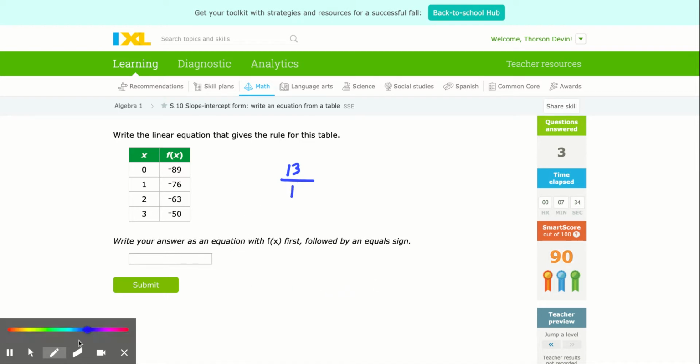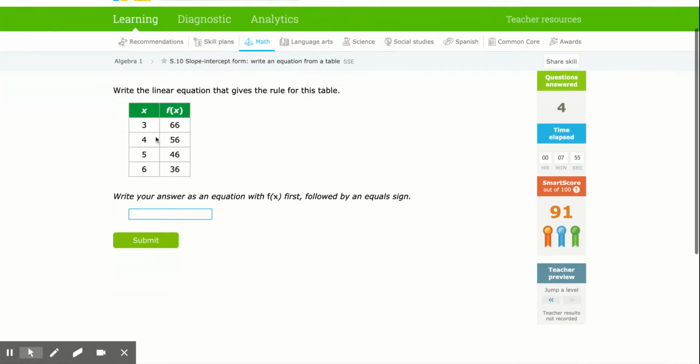So my equation is just simply f, remember they want you to type it as f of x now, equals my slope of 13 times x minus 89, because my y-intercept was negative 89. The y-intercept is when x is 0. Submit, right? But again, they don't necessarily have to give you the y-intercept, so I'm going to do one more and we'll call it good.